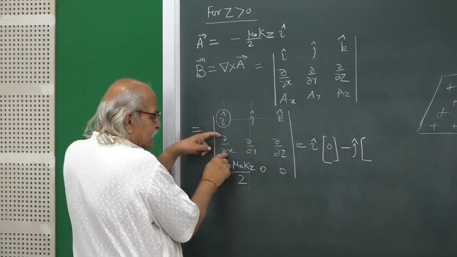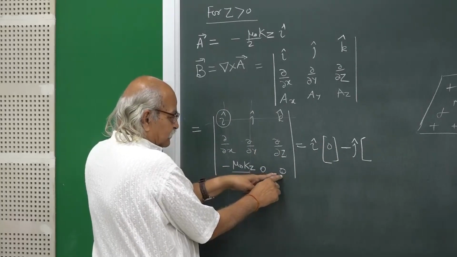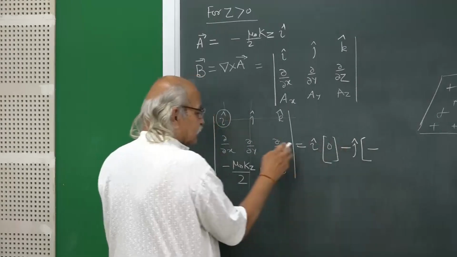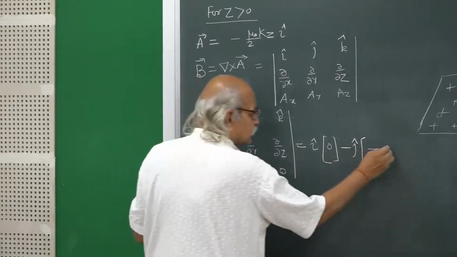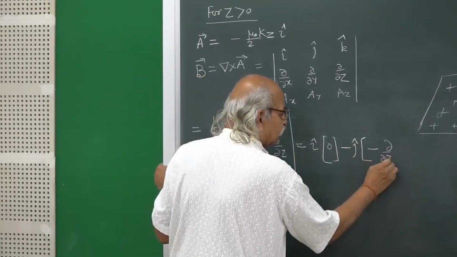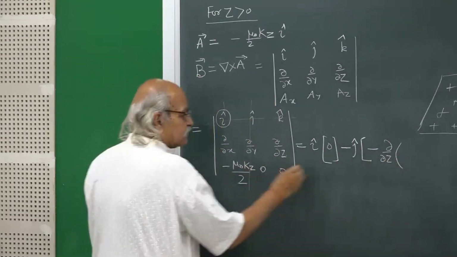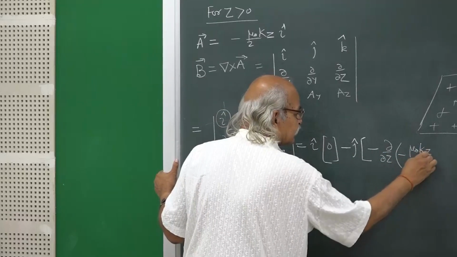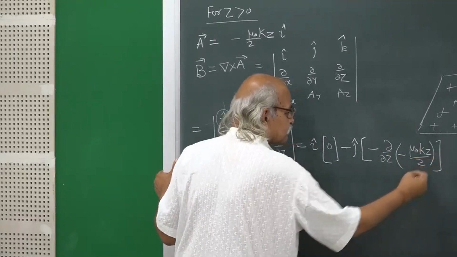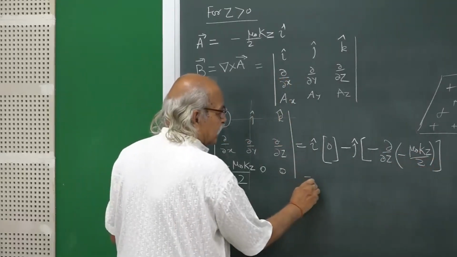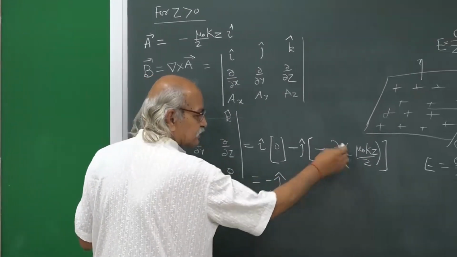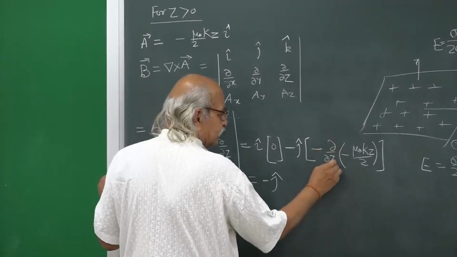So, del x of 0 is 0 and then minus what? Del z of this. So, del z of minus mu naught k z by 2, and that is minus j cap here, this minus and this minus becomes plus, and del z.